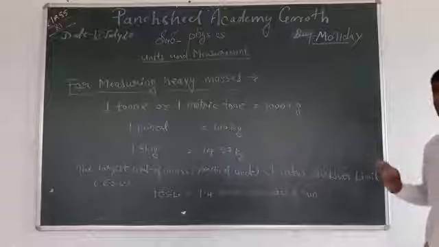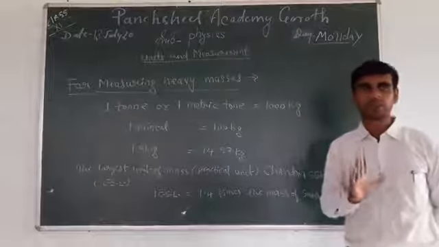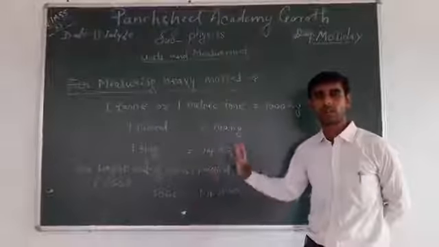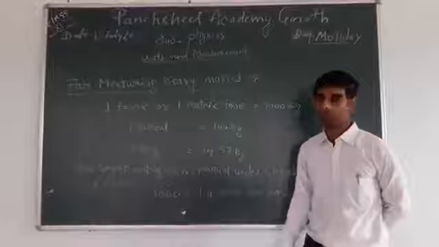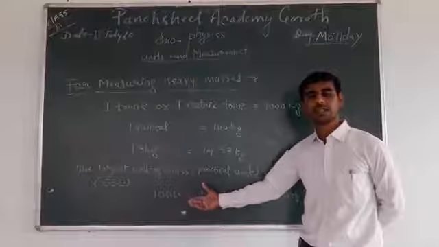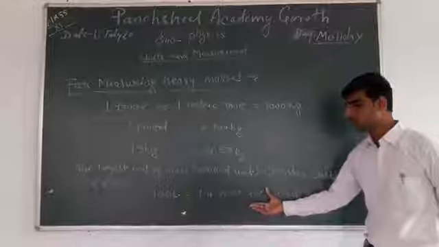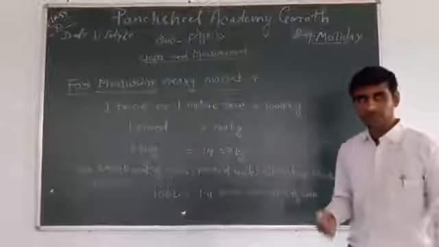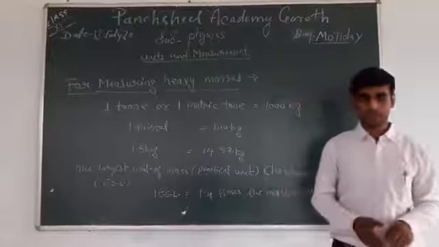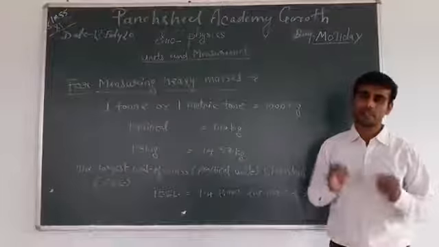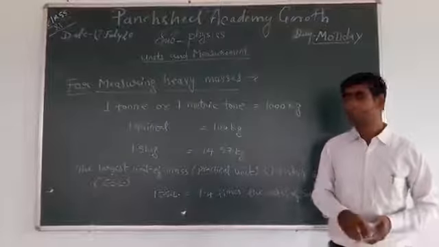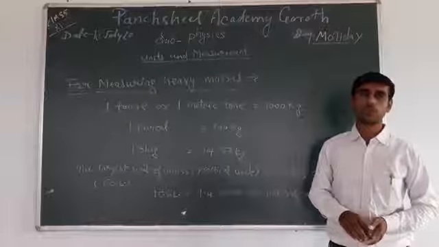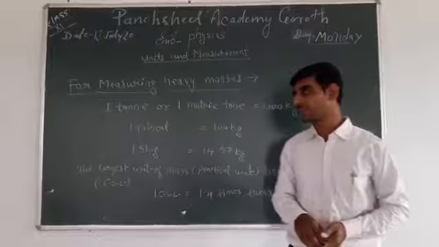This Chandrasekhar limit is the largest practical unit of mass, which is equivalent to 1.4 times the mass of the sun. 1 CSL equals 1.4 times the mass of the sun. सन के मास का 1.4 टाइम्स 1 CSL के बराबर. These are the various units used to measure heavy masses.